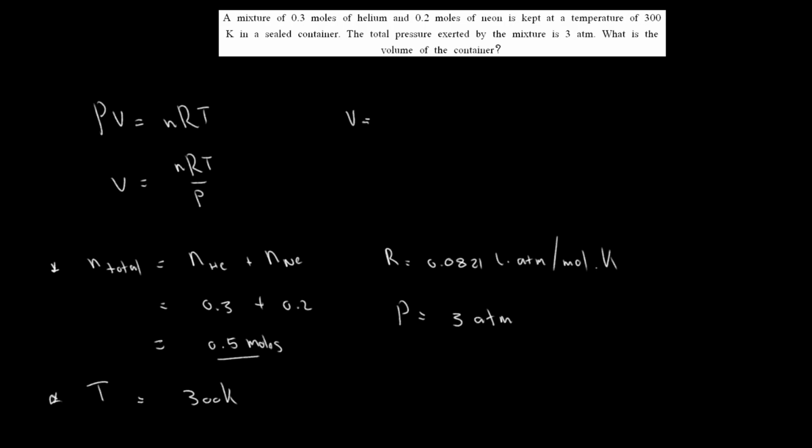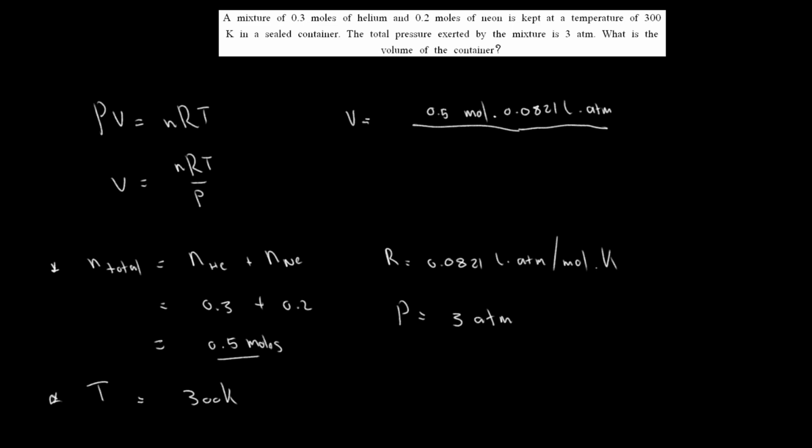Okay. Now if we cancel out all our units again, we should find liters. If we don't find liters, we made some mistake. So we can put the total number of moles first. The total number of moles that we calculated was 0.5 mole. We're going to multiply this with the ideal gas constant, which is 0.0821 liters times atmosphere.